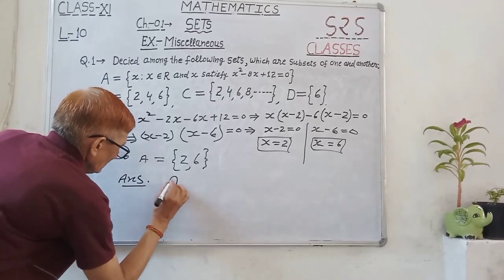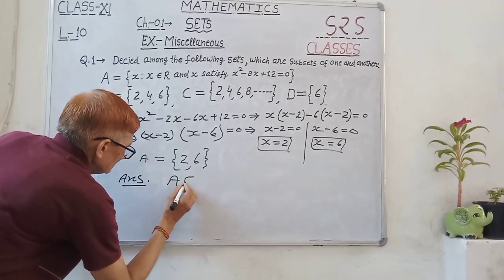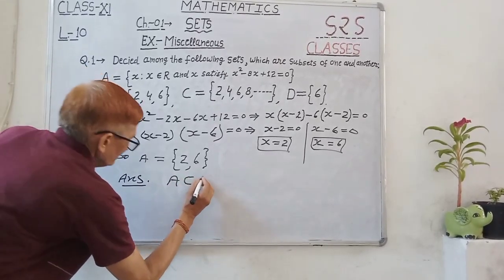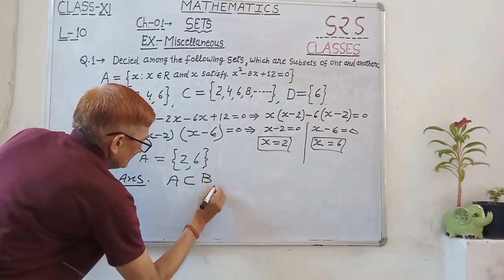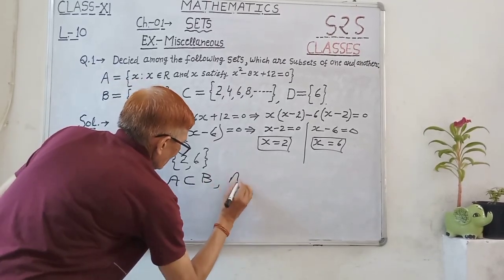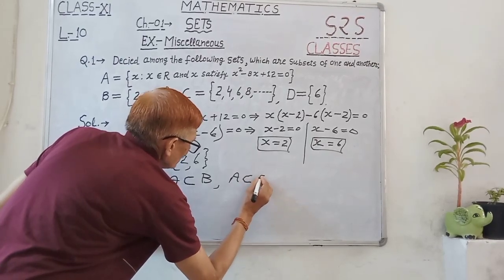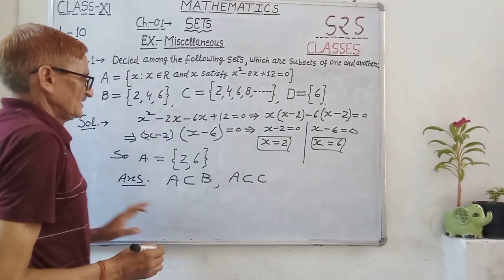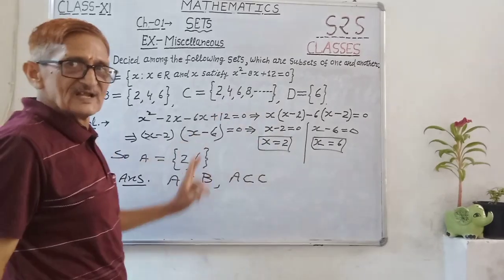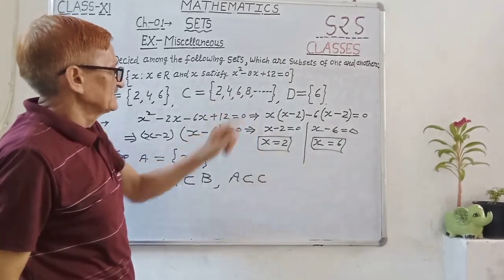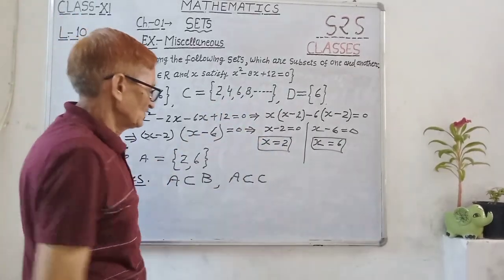A is the subset of B, comma, A is the subset of C also, because every element of set A, 2 and 6, are present in C, okay, but it is not with D.